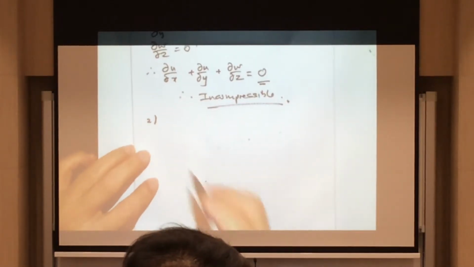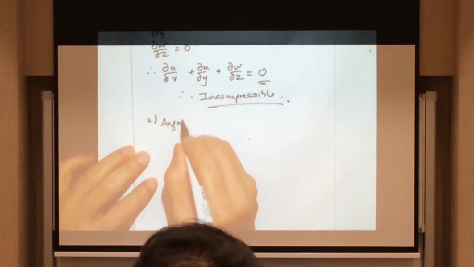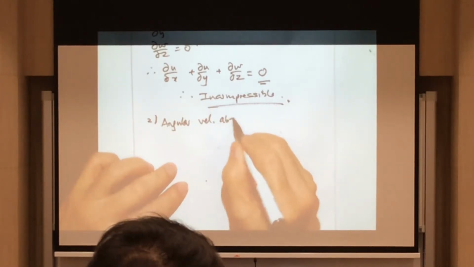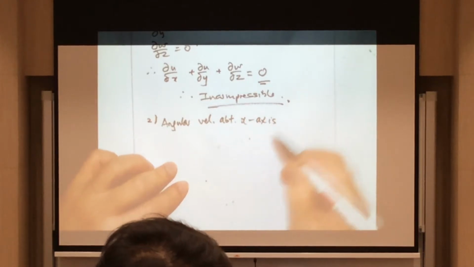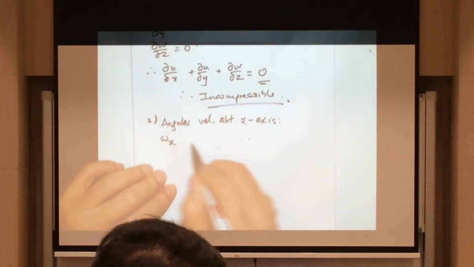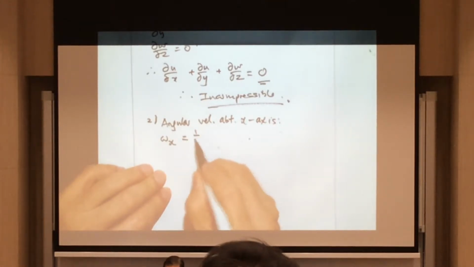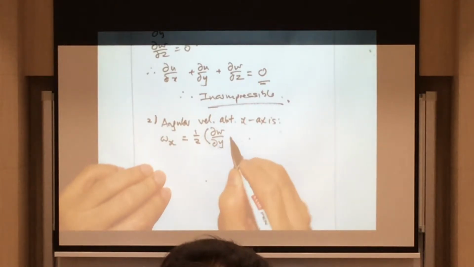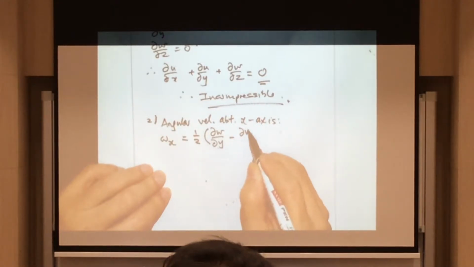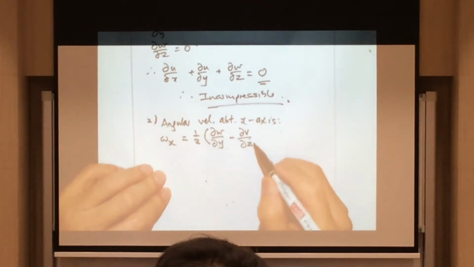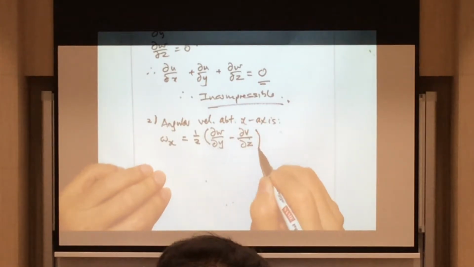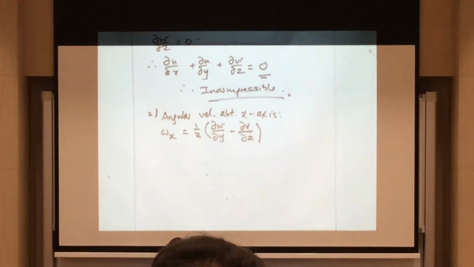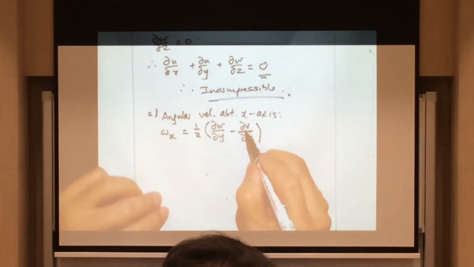The angular velocity about the x-axis, I call it omega x, is given by this expression: half of del w del y minus del v del z. We just accept this for the time being.